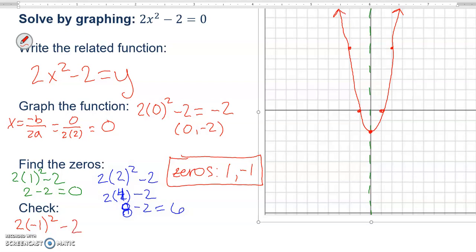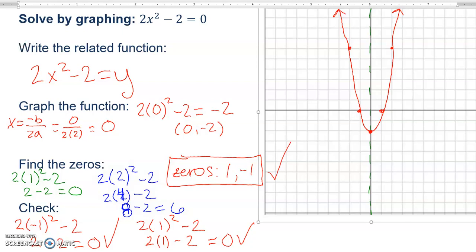So negative 1 squared is 1, 2 times 1 is 2, and minus 2 is 0, so that does work. And we'll check the other one, even though we did it earlier, just above. So 2 times 1 minus 2 is in fact 0. So yes, those are zeros, and that's the solution to our equation.